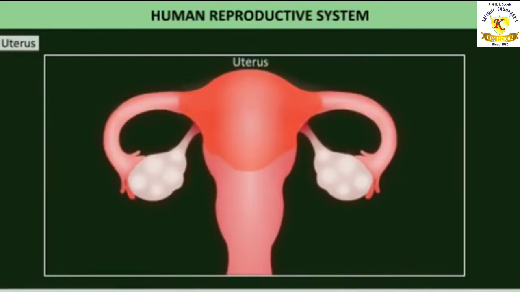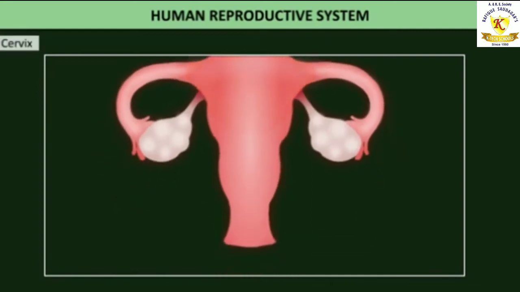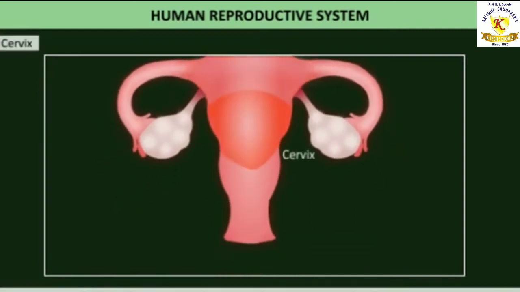Uterus. It is a pear-shaped organ that provides the site of implantation of an embryo. It also provides support and nutrition for the development of a fetus, and it is made up of strong muscles. The next is cervix.